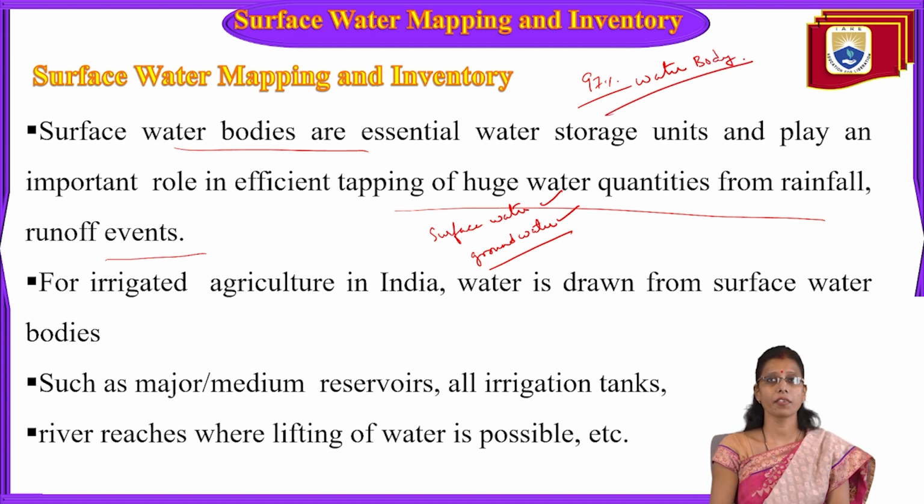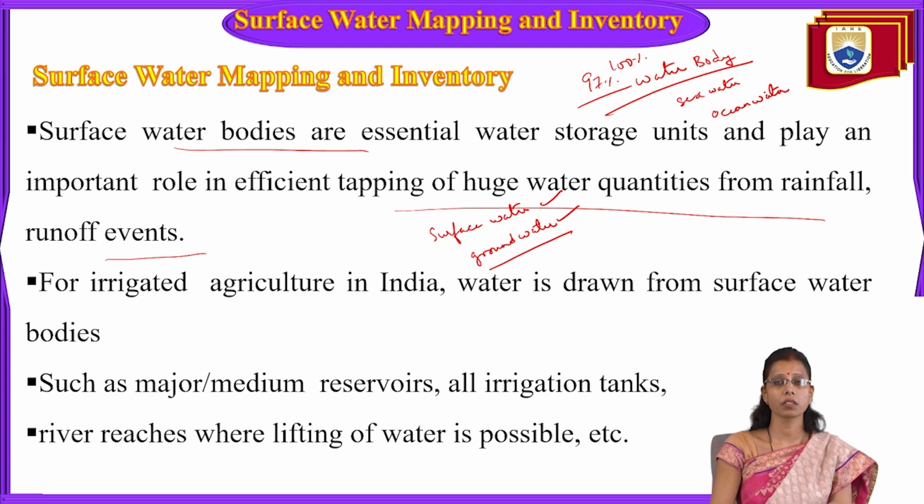But still we are facing the problem. Why are we facing the problem? Out of 100%, 97% of the water is seawater or ocean water, which we cannot use. This is all seawater, ocean water.